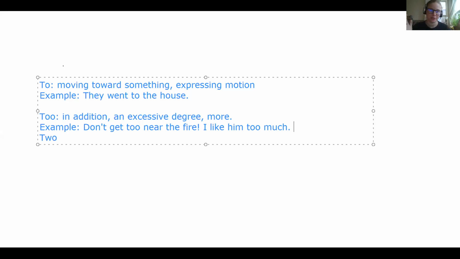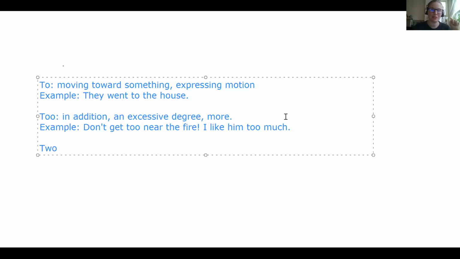They're too cute. And because this TOO is usually expressing something extra or excessive, there's a lot of it, you have an extra O here. That extra O, you're using too many O's. It's not TO. That leads to this.